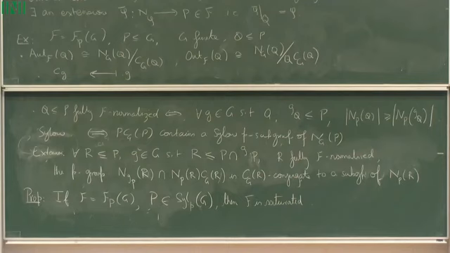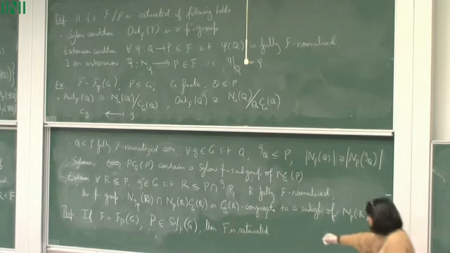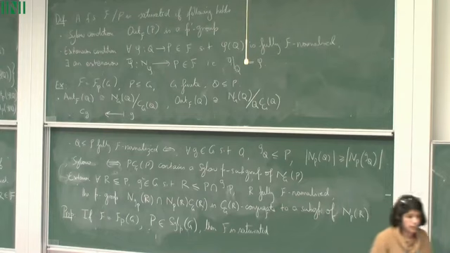Okay, so I'll give one example. It's quite easy, but I think it's quite instructive, so I will give it. If you're in these categories F_P(G), and P is a Sylow p-subgroup, then you are saturated.